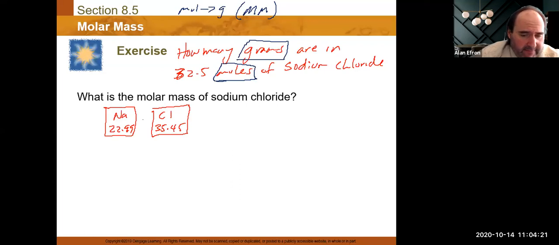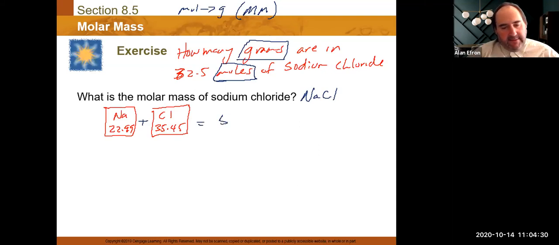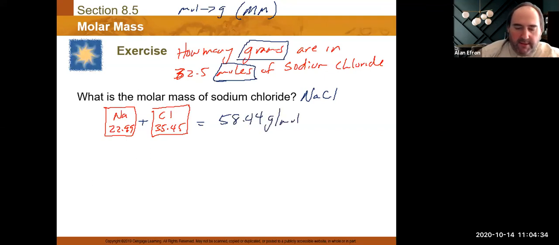In this case, we have one of each, which is the correct formula for sodium chloride, NaCl. We would just add those together, and you get 58.44 grams per mole, which would be the answer to the original question, what is the molar mass, by taking 22.99 plus 35.45.